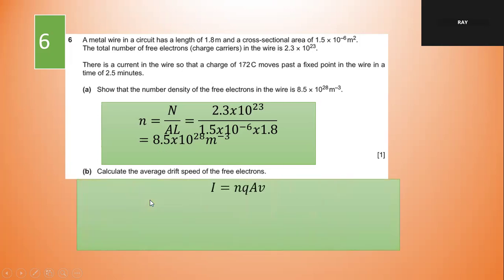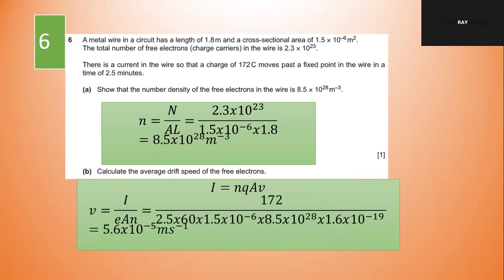Right? Use the formula I equals nQAv. V take nQA down. Q becomes e. The charge carrier is the electron. Then put in your value, 172 Coulomb. Then 2.5 minutes.